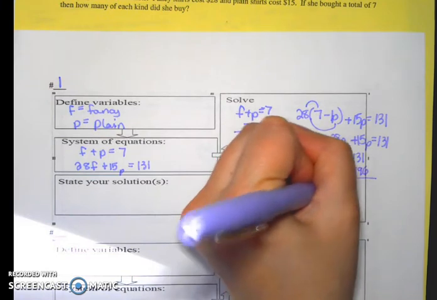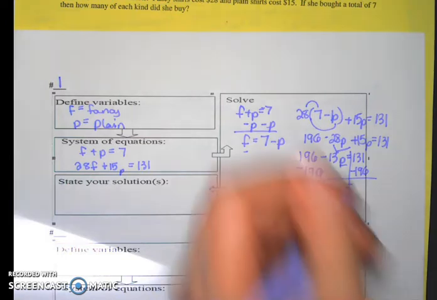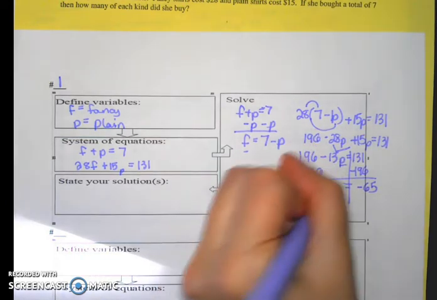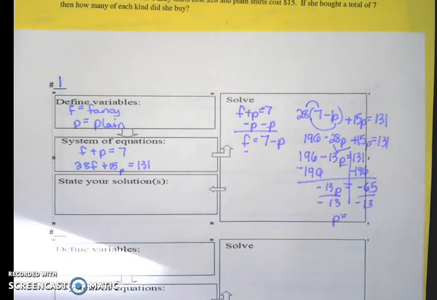That gave me negative 13P equals, in my calculator, 131 minus 196 is negative 65. And then to solve for P, I just divide by negative 13, and I get P equals 5. Okay, that's good so far.